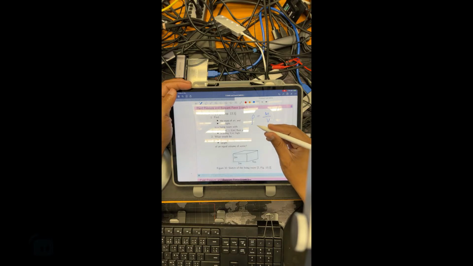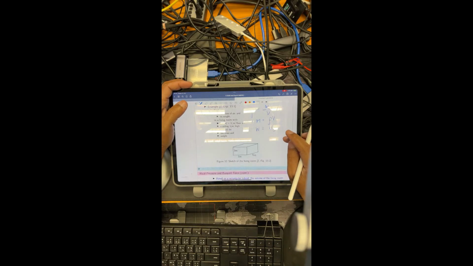As we want to find m, we have m equals rho v, and the weight W is equal to mg, where g is the gravitational acceleration on Earth.